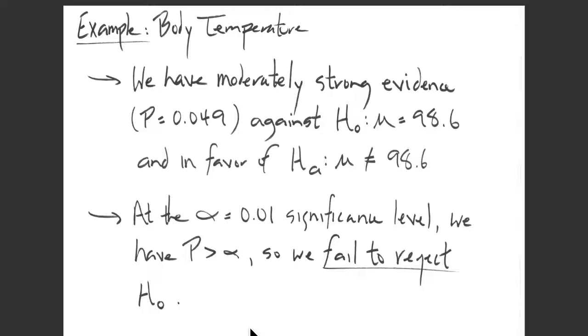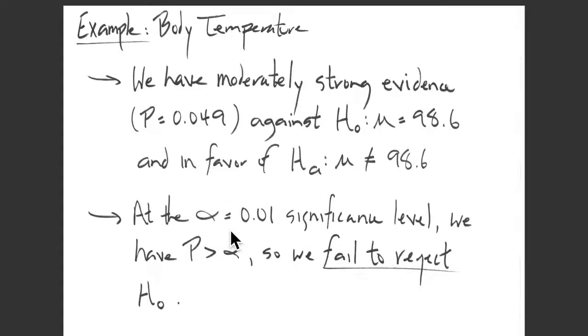And so we have moderately strong evidence against the null hypothesis that the mean is 98.6 and in favor of the alternative that it's different than 98.6. Why do I use the word moderately here? Well, generally, p-values between 1 and 5% are thought to be moderately strong evidence in favor of the alternative. And so that's what we have here.